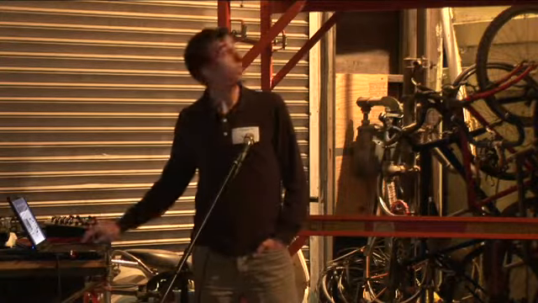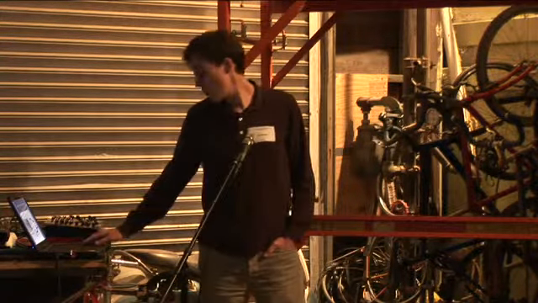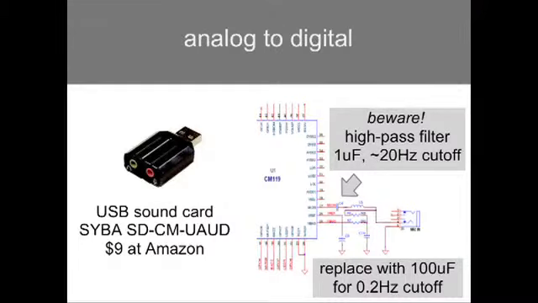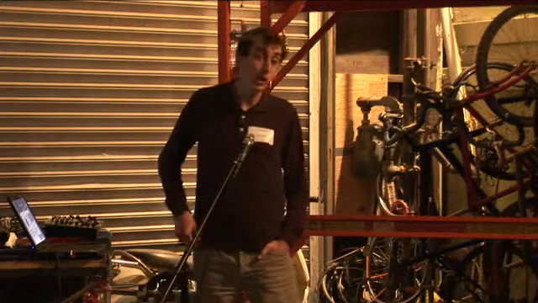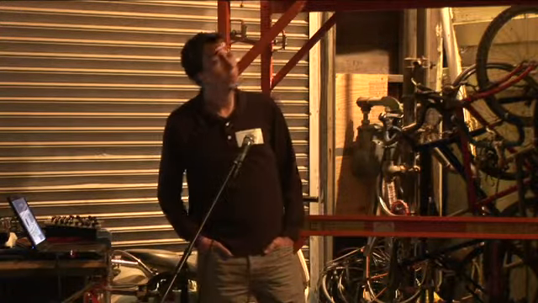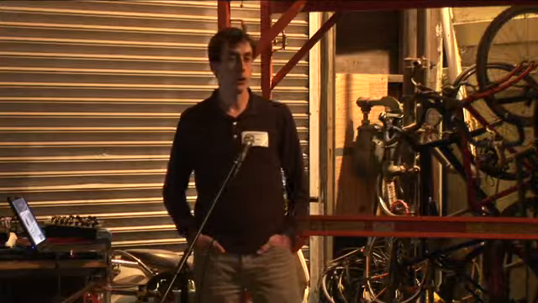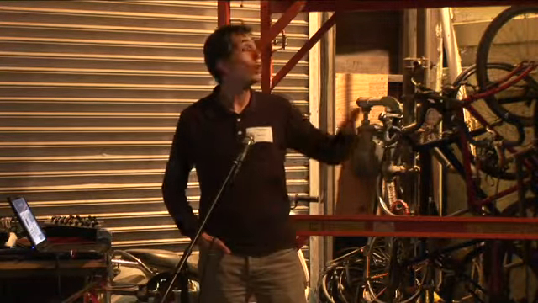So I just got mine from DigiKey. You can do that too, and then just wired them up straight into this device, which is a USB sound card. Obviously, the microphone and the sound card are optimized for the frequency range of hearing, which is about 20 hertz to 20,000 hertz. And some of the motion that I'm interested in recording is at a lower frequency than that.